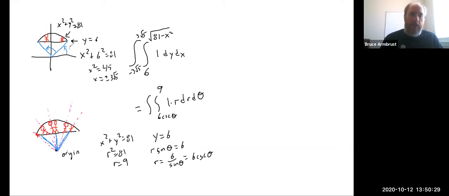I'm going to call it theta 1. And theta 1 is the first angle we're going to use. Because if that angle is less than theta 1, like let's say we've got this line right there, notice that this line never actually passes through the region.